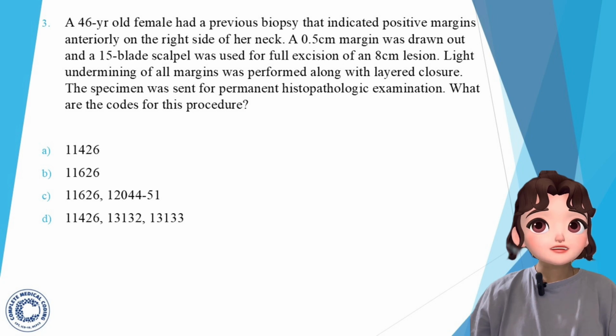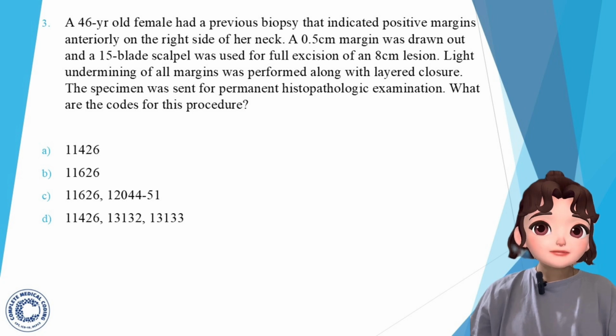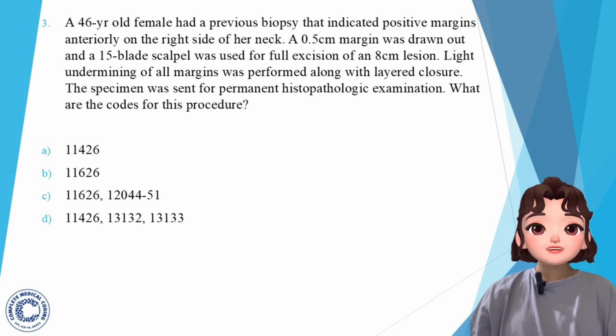See, in our question, in the third sentence, light undermining of all margins was performed along with layered closure. Layered closure means intermediate repair. It's another word for intermediate repair. If you check the musculoskeletal chapter which I took in the beginning, I mentioned there the other terms for simple, intermediate, complex, everything.